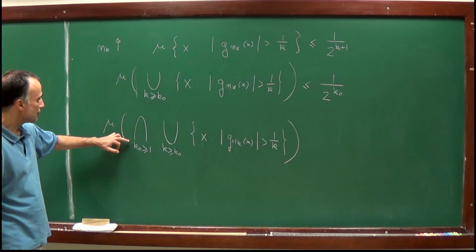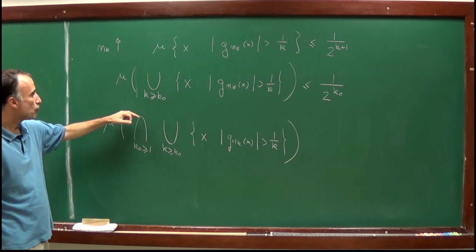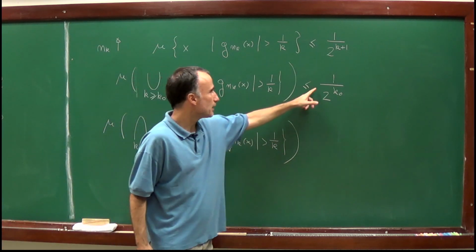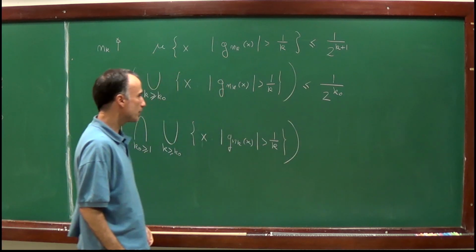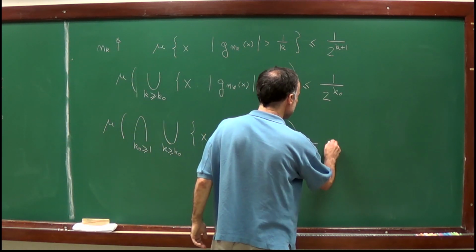Well, this measure is bounded by that one for any k0. So this measure is bounded by 1 over 2 to the power k0 for any k0. So this measure is in fact equal to 0, right?